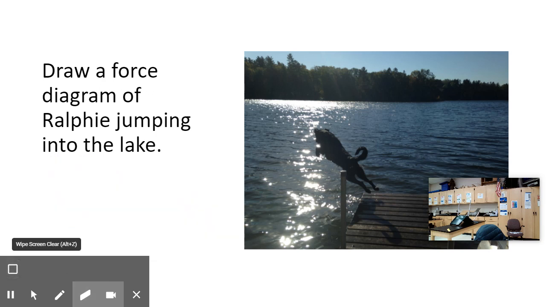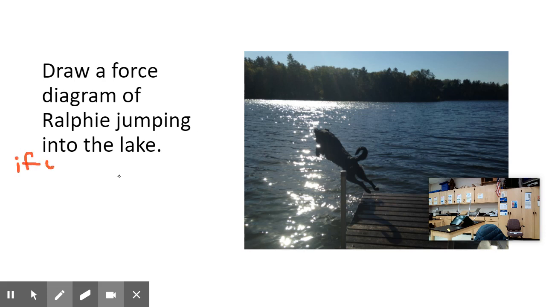Okay. Now, what if we said that he was on the dock? Still gonna have Ralphie. Still gonna have this. That's the one that you always know. Gravity's always down, right? And if the dock is here, what direction did he push off?